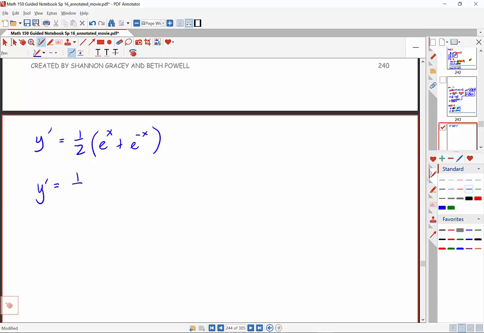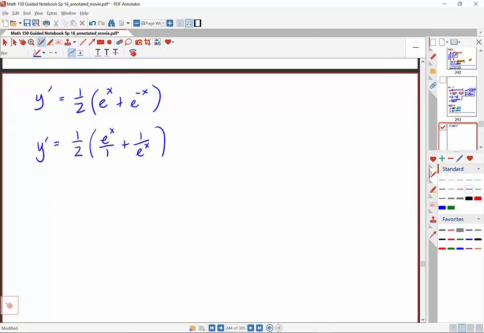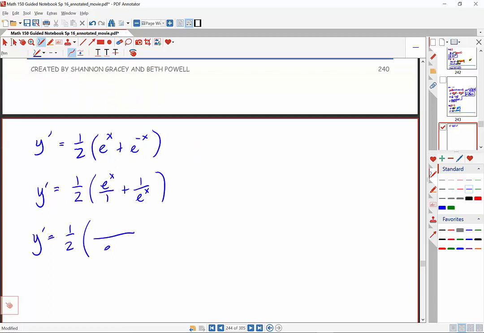So we'll have 1/2 times e to the x over 1, and then plus 1 over e to the x. Getting a common denominator, e to the x is our common denominator. The second part doesn't need anything.